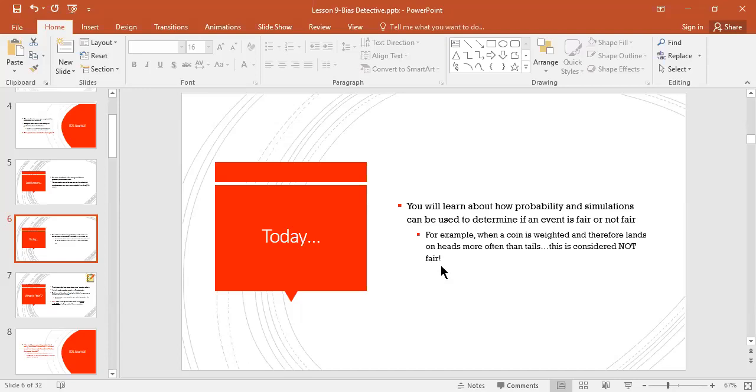Right. So that would consider it a not fair coin. Because there's essentially cheating involved. Okay? There's no longer a 50-50 chance because you're altering the probability of it landing on one side more.